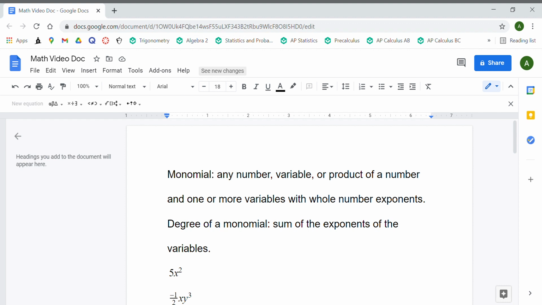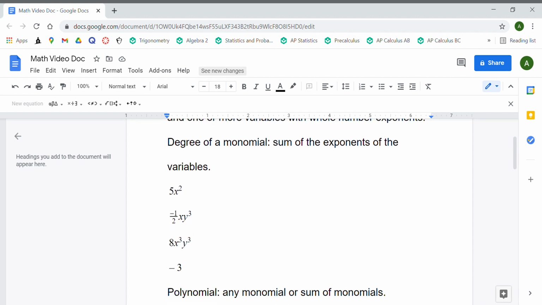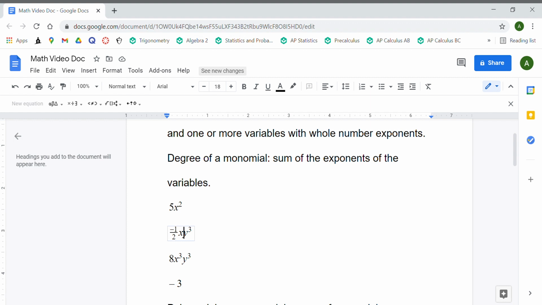So what is a polynomial? Well, to understand what a polynomial is, you must know what a monomial is. It is any number, variable, or product of a number and or variables with whole number exponents. So these guys right here are polynomials.